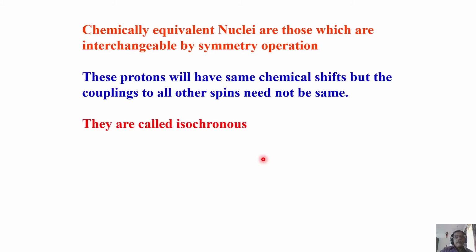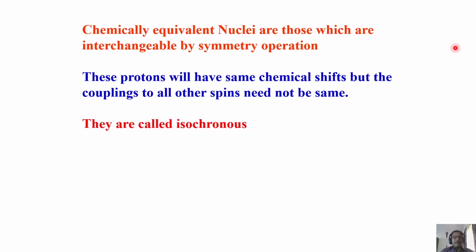So now let me introduce a term called chemical equivalence, a term which is very important. Chemically equivalent nuclei are those which are interchangeable by symmetry operation. I don't need to explain this. The molecule has symmetry, whether it is a C2V symmetry or an inversion symmetry.